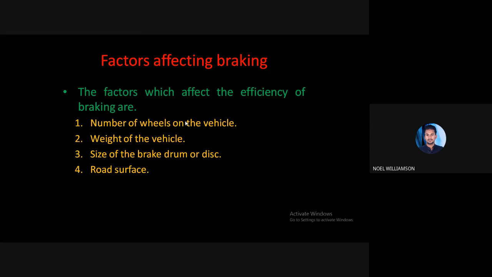Some vehicles or trucks have 6 or 8 or even more. In each case the braking efficiency may vary, so the braking mechanism also varies, and we give different alternatives. So the first factor which may affect the efficiency is the number of wheels.